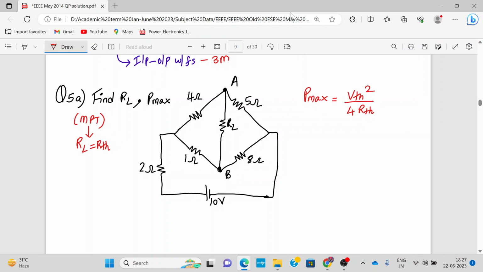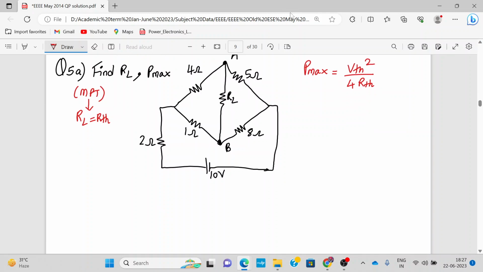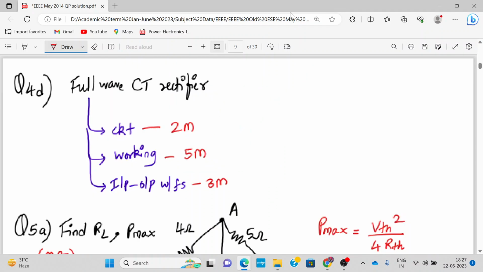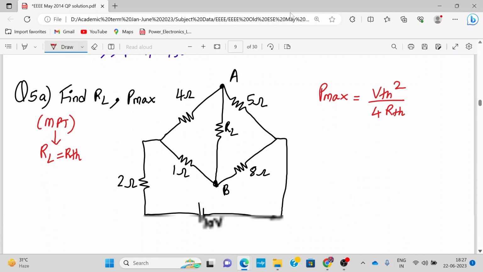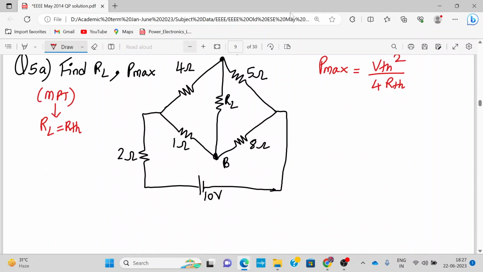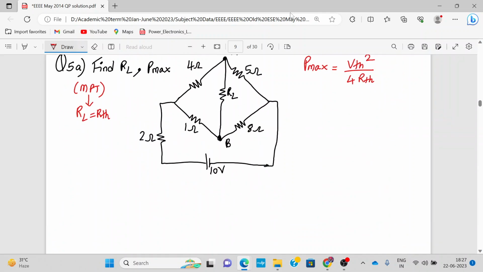Okay. So now for calculation of VTH, what do we do? How do we calculate RTH? Help me out quickly. We remove the load, right? Yes or no? Yes.